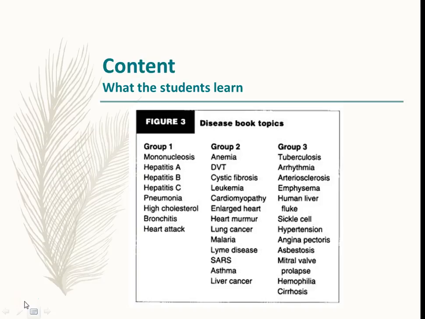Basically, he was having the students investigate or research diseases, and he grouped the diseases in terms of how easy it was to find information on it. So group one might be given to students who might be more challenged than those that would get group 3 diseases, in which they may be well apt to research different diseases.